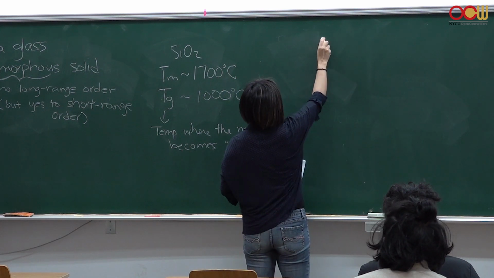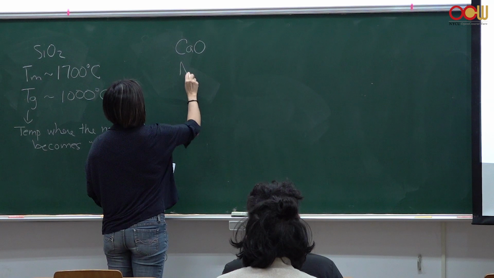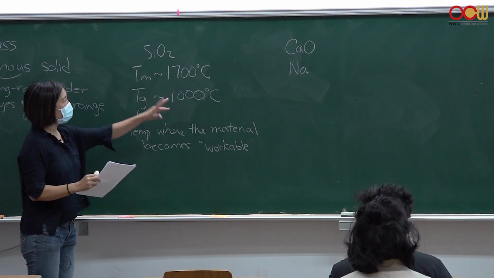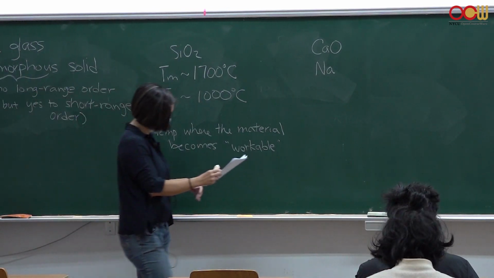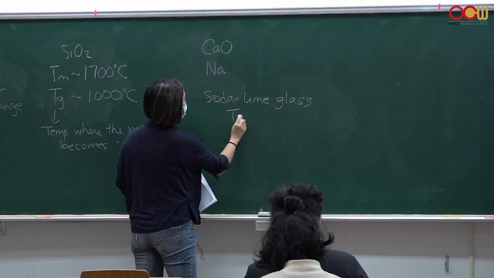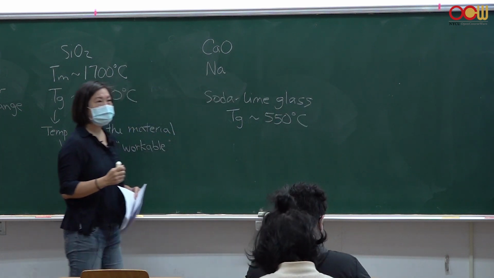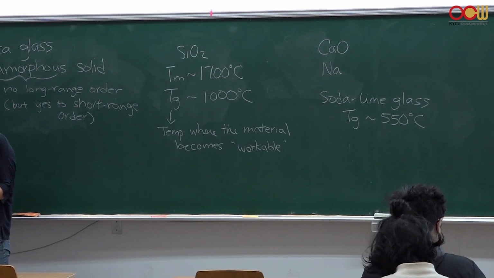And it's very common to have calcium oxide and sodium, which mixed into the glass to form what is called soda-lime glass. A soda-lime glass will have a glass transition temperature of about 550 degrees Celsius. Okay, so much, much lower.